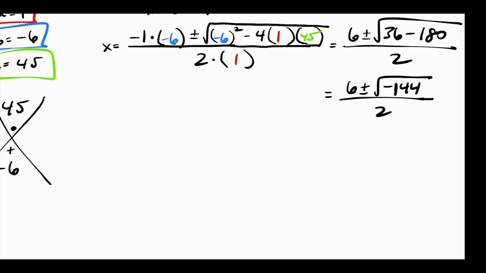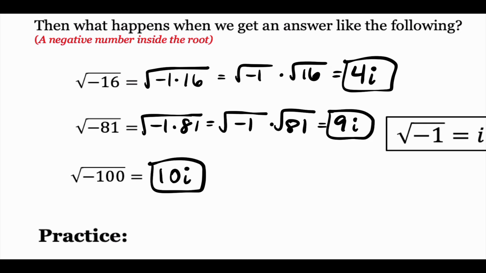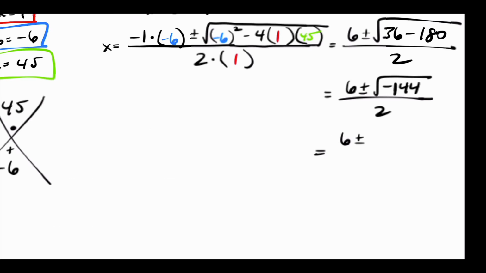So what I'm going to do here is say 6 plus or minus the square root of -144. Well, if the square root of -16 is 4i, and the square root of -81 is 9i, and the square root of -100 is 10i, what's the square root of -144? 12i.